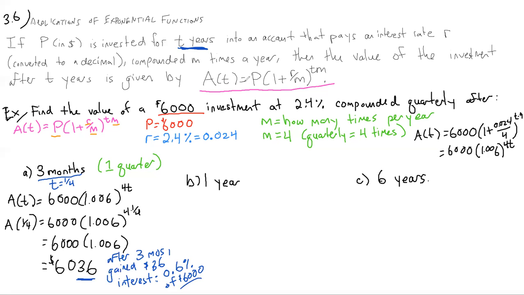So basically what's happening is that 2.4% that's always presented as a total yearly rate, when they say that this is compounded quarterly, it doesn't mean that every quarter you get 2.4%. That would be insane. What it means is that they divide this 2.4 up into 4, and that's where the 0.6 is coming from.